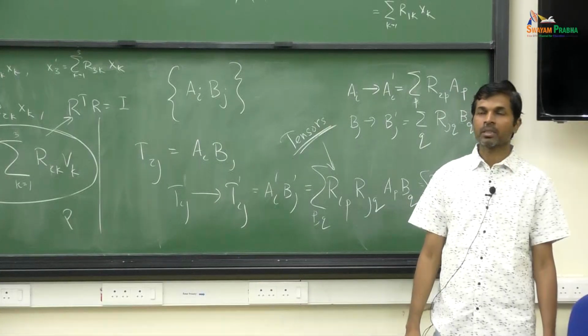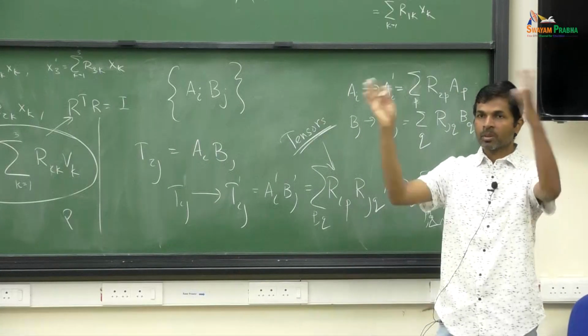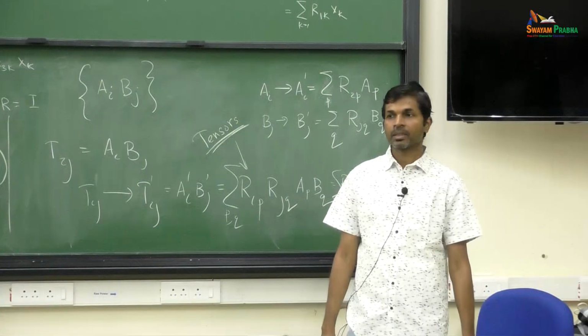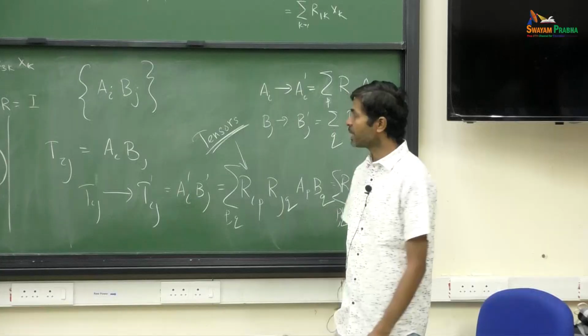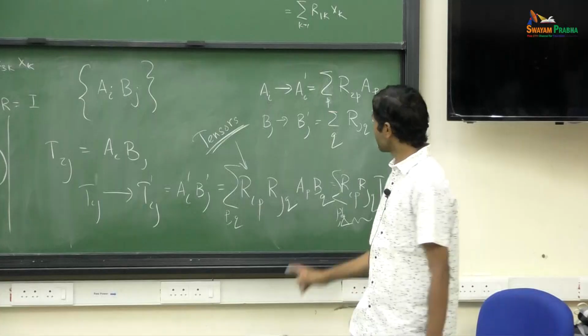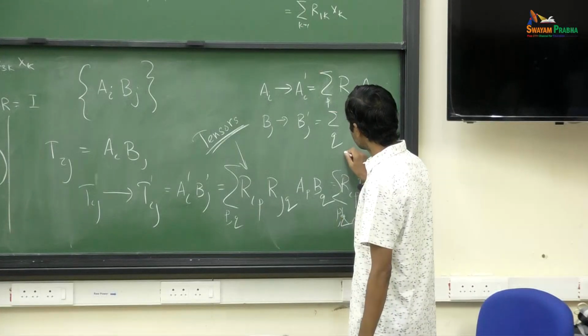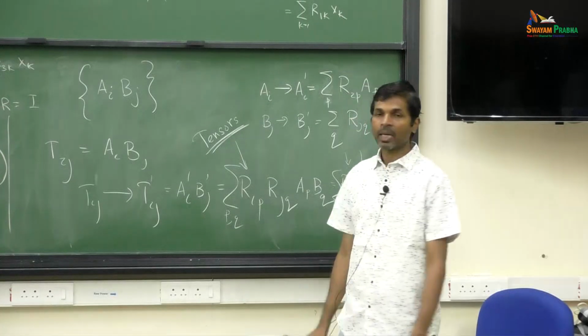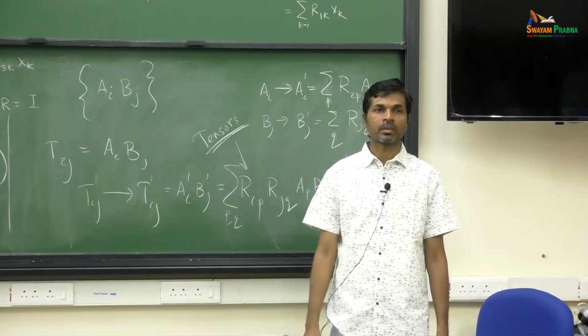Under rotation, if you have a set of, let's say, 9 quantities which transform this way, then they are called tensors, okay. What is important to note here is that there are 2 R's here.